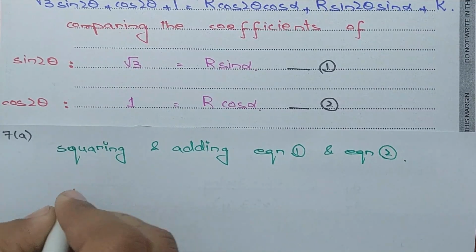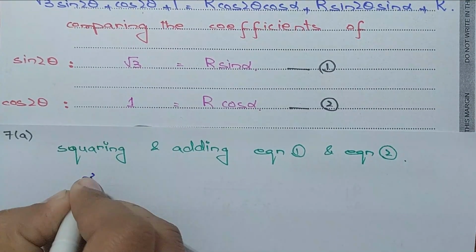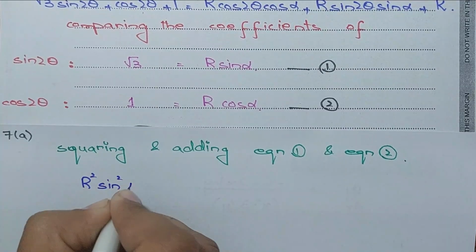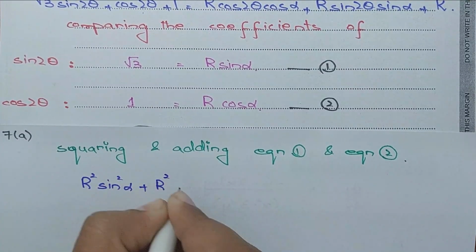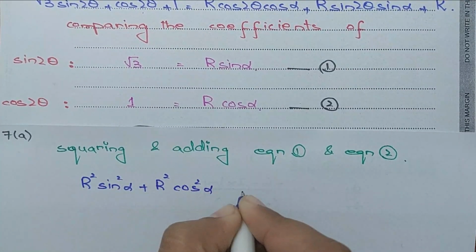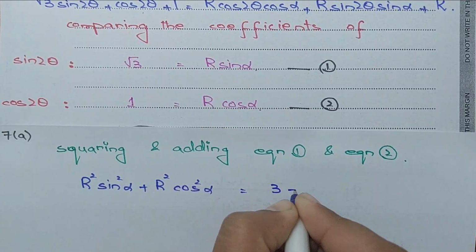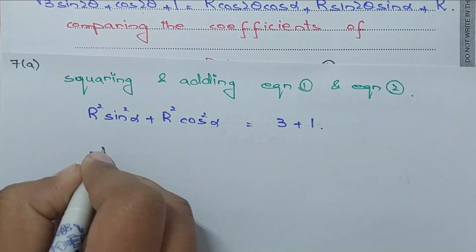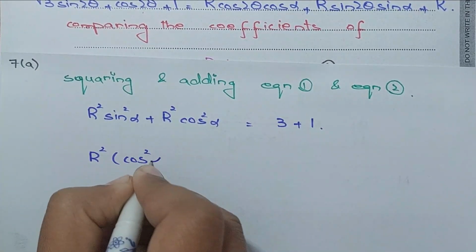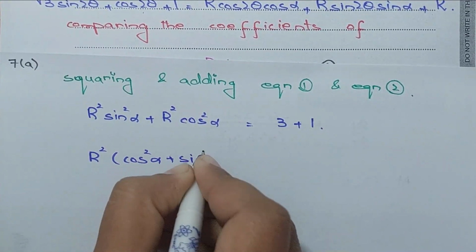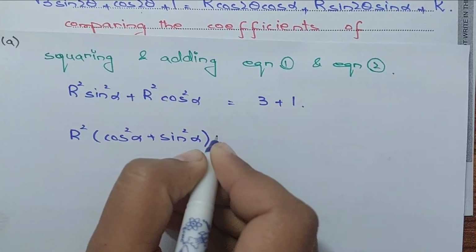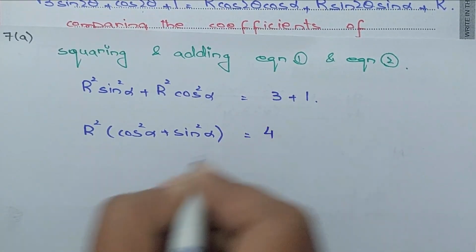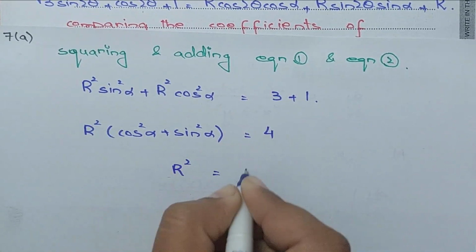Okay, let me square. This is r square sine square alpha plus r square cos square alpha equals root 3 square is 3 and 1 square is just 1. So we can take r square common. Cos square alpha plus sine square alpha is equal to 1, and 3 plus 1 is 4. So r square is 4.